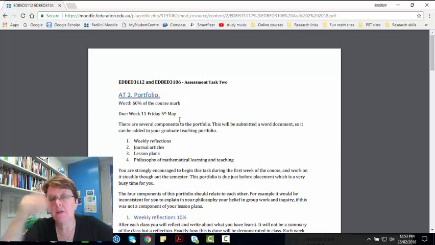It will be very difficult to give you an extension on this assessment, because then it will run into your placement. And once you're in placement, you don't have much time to do much else at all. It's really full on, mentally and physically draining, and you need to spend a lot of time preparing and thinking about your placement. So please start early on this assignment.